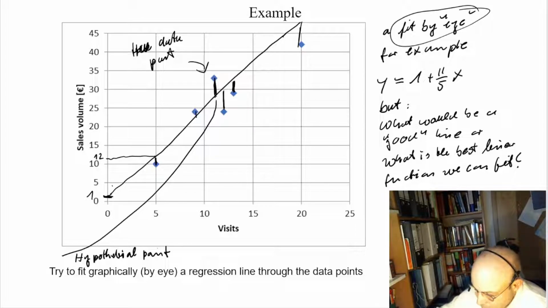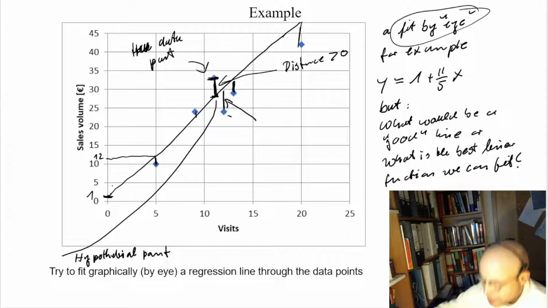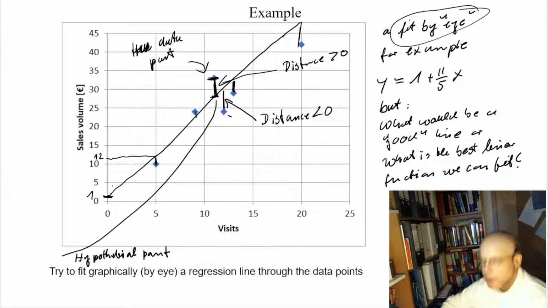This is quite clear, because if our data point is above our linear regression line, then the distance is positive, and if the data point lies below our regression line, the distance would be negative.